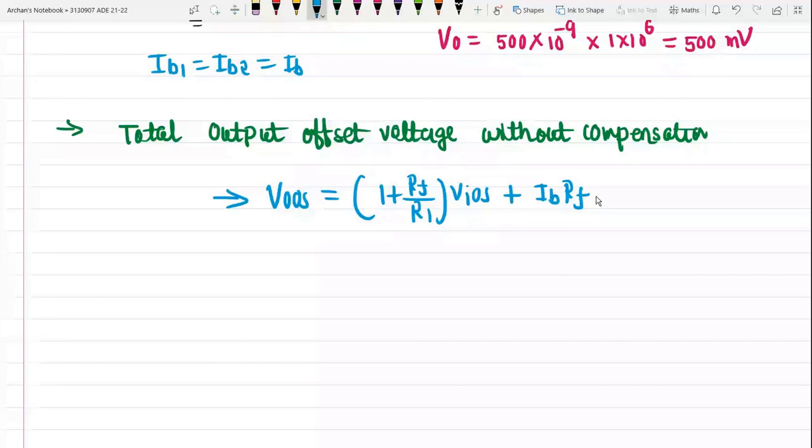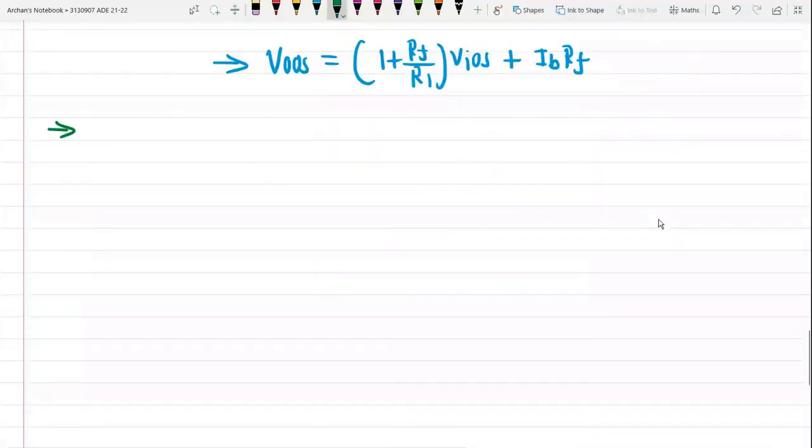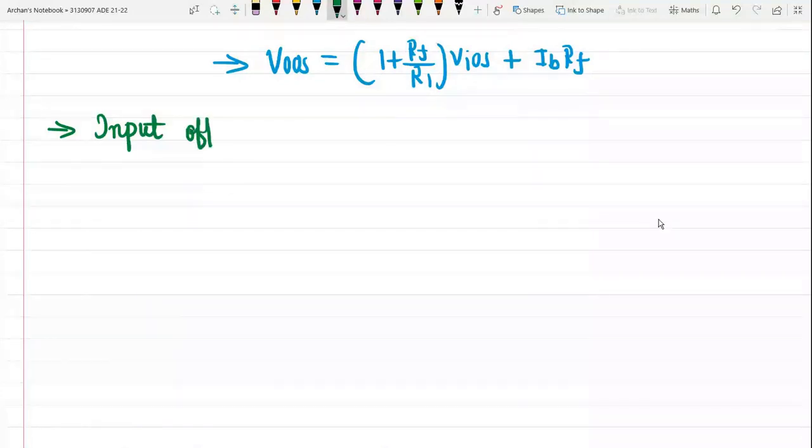So let us try to derive these compensation methods. First we will try to compensate the input offset voltage, and then we will move on to the input bias current. So let us try to understand the compensation of input offset voltage.